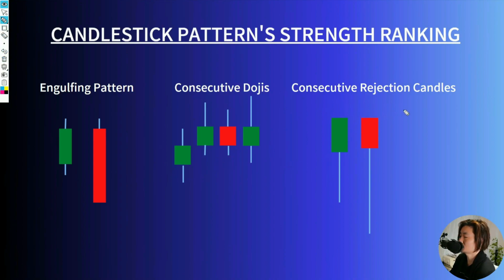Okay, so strong consecutive rejection candles, in this case showing future long strength, depend first of all on the color of the bodies. If you want strong future long strength, you want all the rejection candles to be green, because we want future long strength. And then moreover, the longer the wicks on the downside, the better.